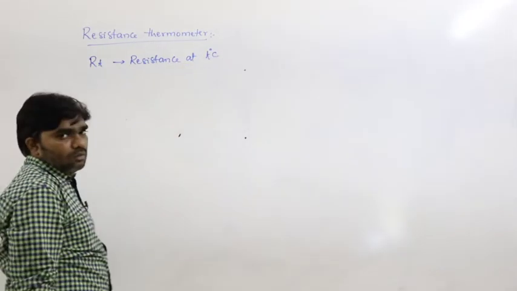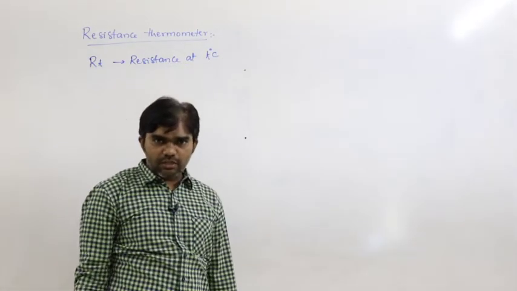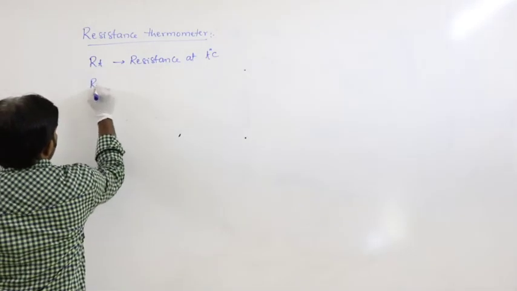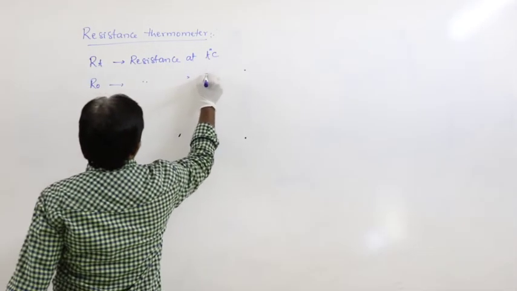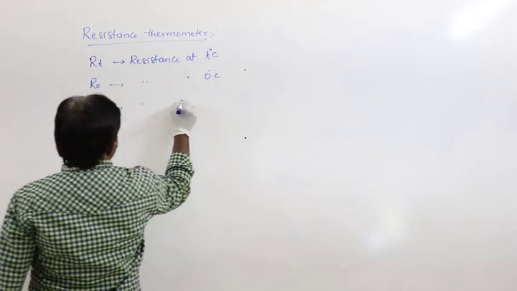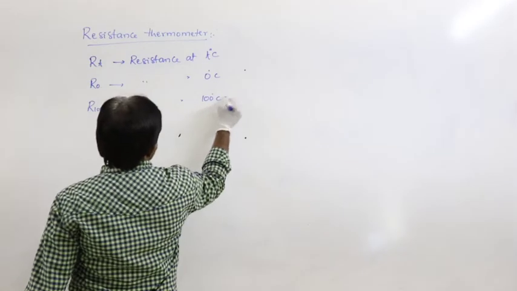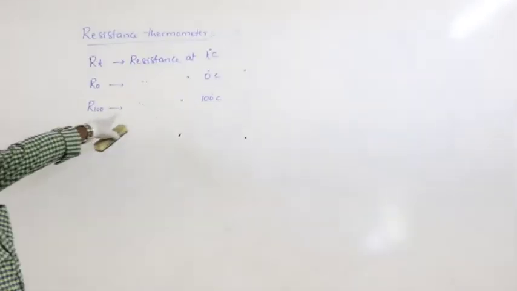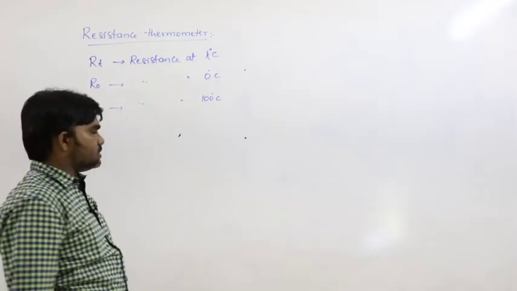So that means whatever temperature we have to measure, at that temperature what is the resistance, RT. R naught is the resistance at 0 degrees Celsius and R100 is the resistance at 100 degrees Celsius.